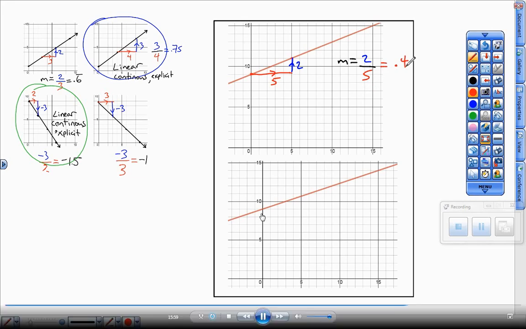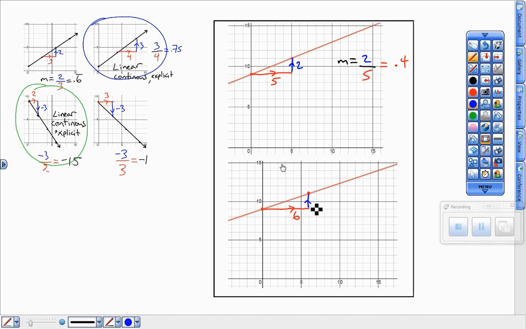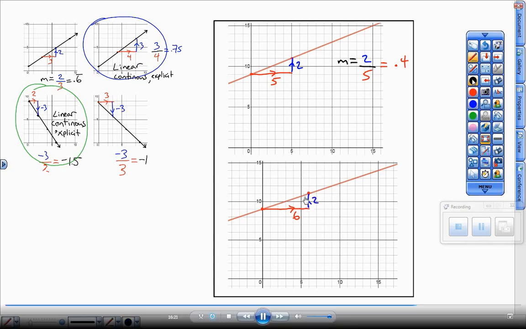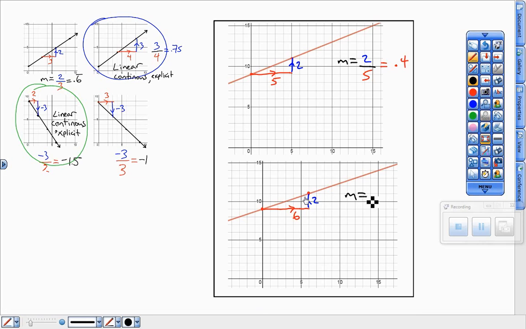This one, a same y-intercept of 10, but I'm going over 1, 2, 3, 4, 5, 6, going up 2. So right 6, up 2. So I have a run of 6 and a rise of 2. If I put that together, that gives me a slope of 2 over 6.